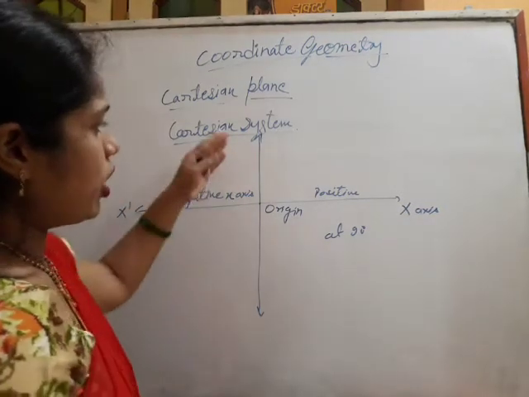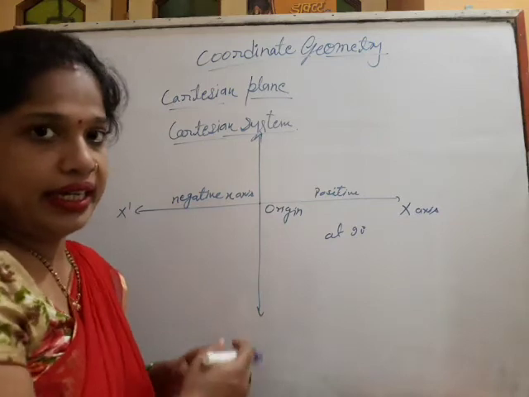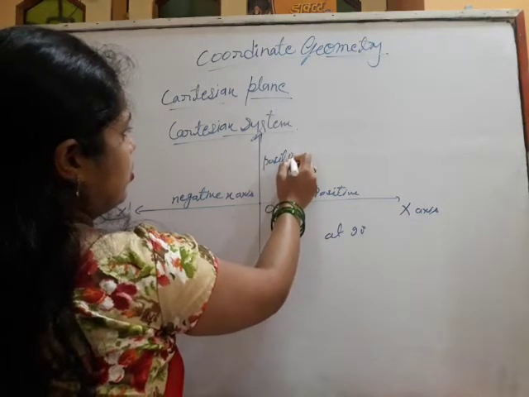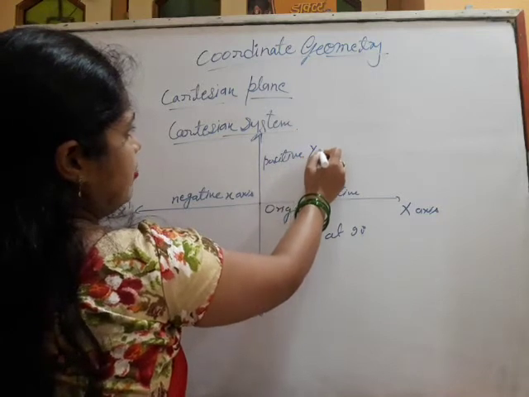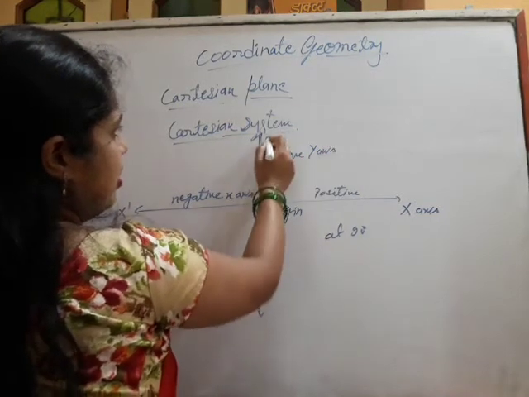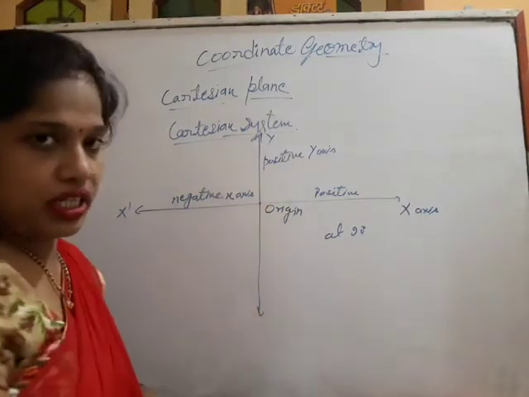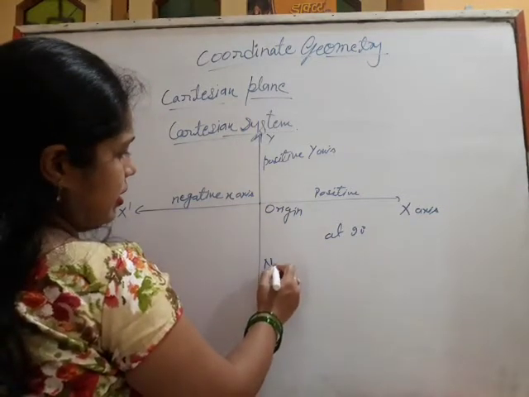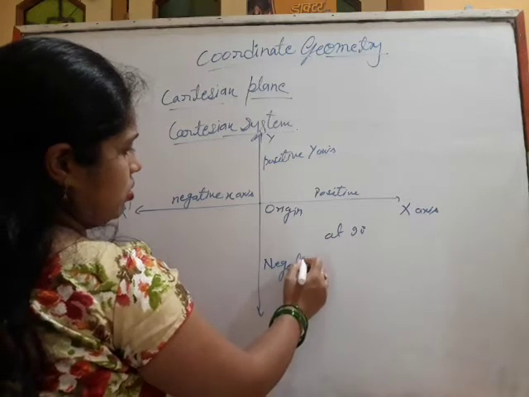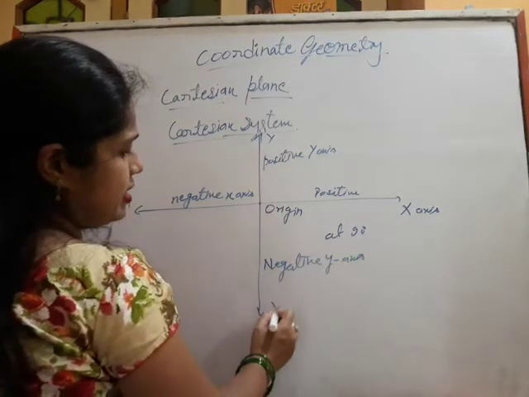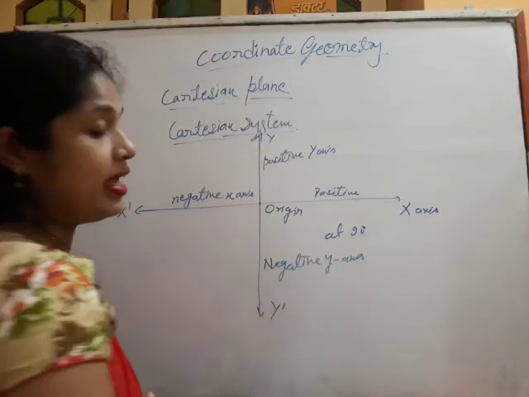What about this vertical line? The upside is the positive y-axis, represented by y, and the downside of it is the negative y-axis, represented by y dash.